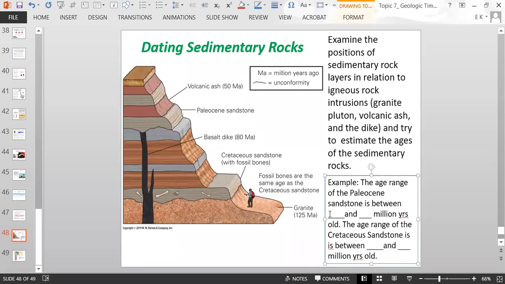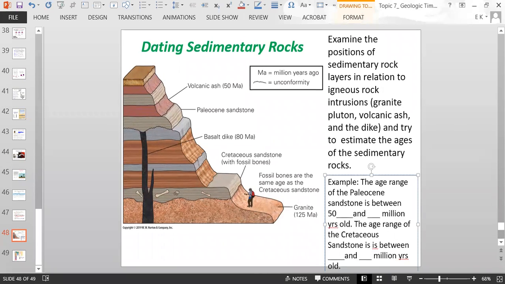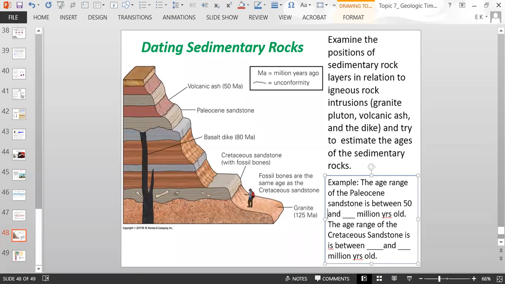Okay, good. So it's going to be older than 50 million and younger than 80 million. Again, because you have the volcanic ash layer here, the Paleocene sandstone is below that. So it's older than 50, but it's above the basalt dike, which is 80 million. So because it's above that, it's younger. So it's between 50 and 80, okay?